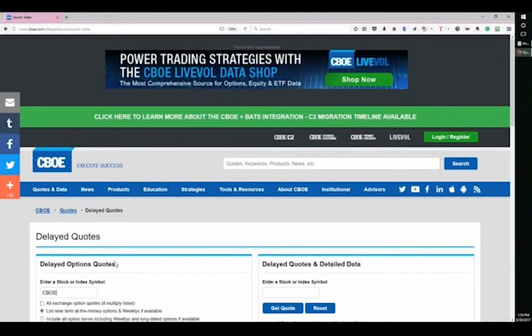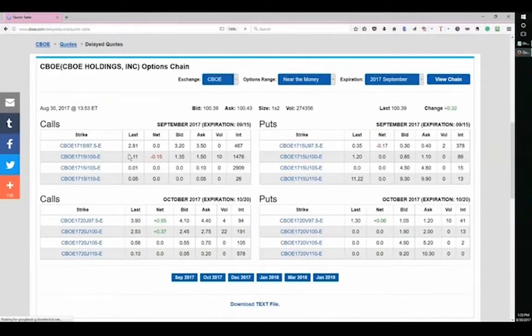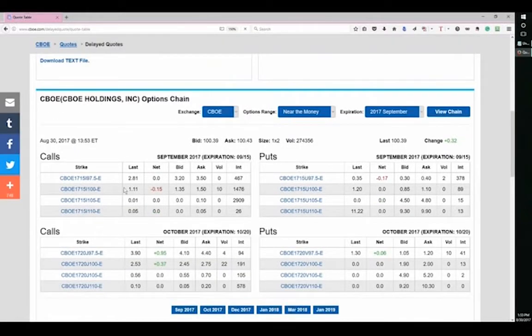Let's look at the CBOE stock. You look up an option price. For instance, right here, this is the September $100 strike price call option, and it's trading somewhere between $1.35 and $1.50. The last time it traded was $1.11.